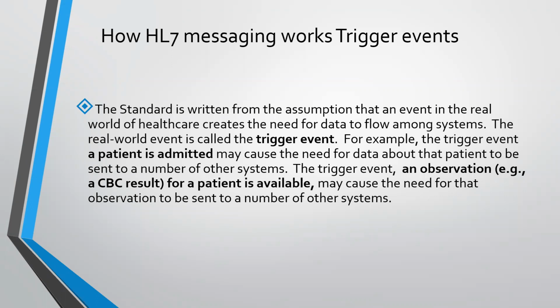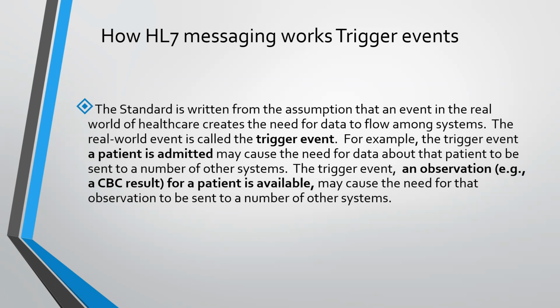Okay, and the events where the data has to be transacted from one system to another are called trigger events, because they are triggering the need for the data to be sent from one system to another. So HL7 is purely based on this aspect of trigger events.